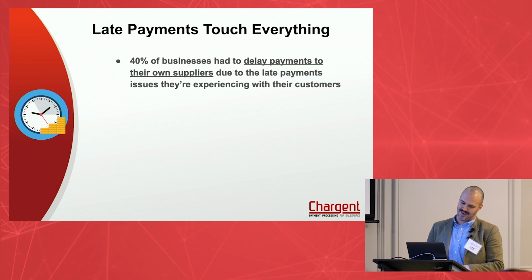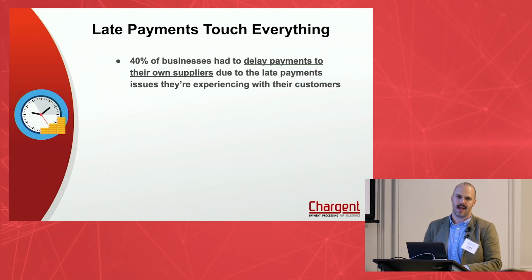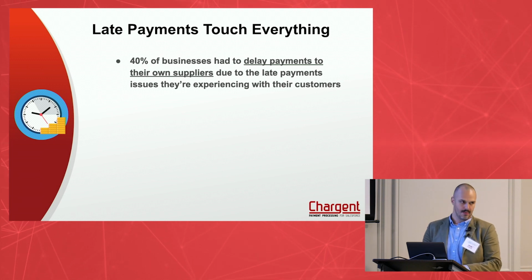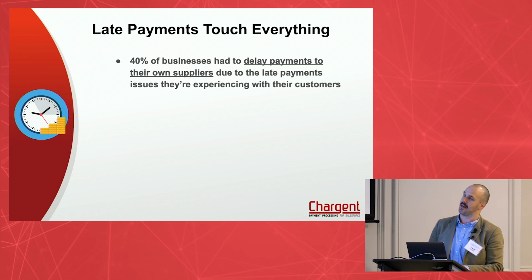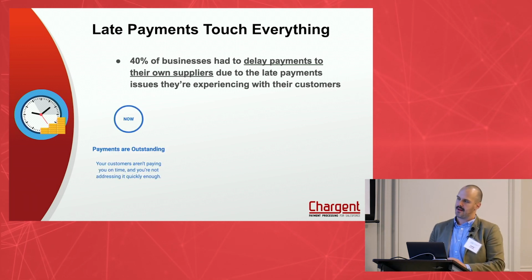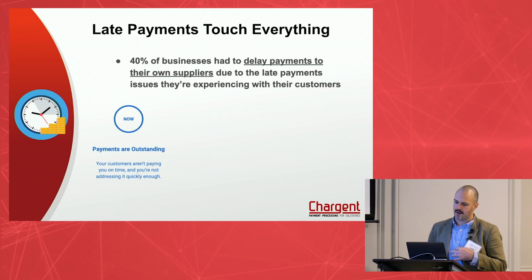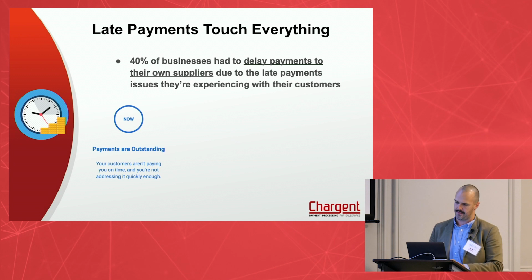Late payments touch everything. So in that same survey, 40% of businesses had to delay payments to their own suppliers due to this problem. And I'm sure that stands out to you the way that it stands out to me, because that means right now your payments are outstanding. Your customers aren't paying you on time, and you're not addressing it quickly enough.